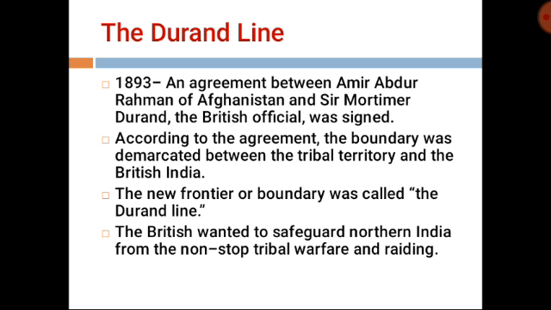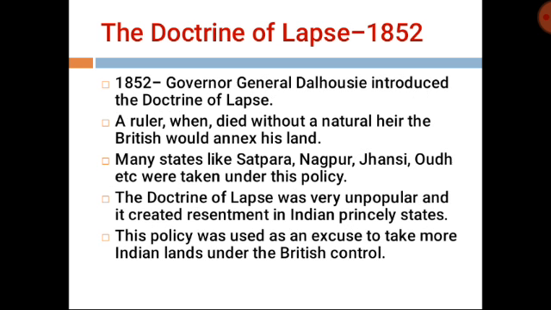According to that agreement, the boundary was demarcated between the tribal territory of Afghanistan and British India. The new frontier was called the Durand Line, after Sir Mortimer Durand. The British actually wanted to safeguard northern India from non-stop tribal warfare and raiding.